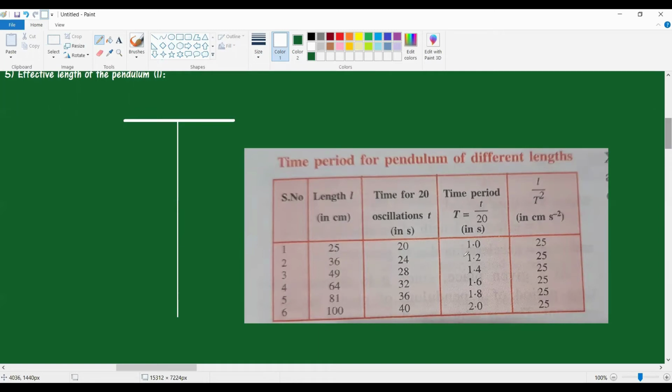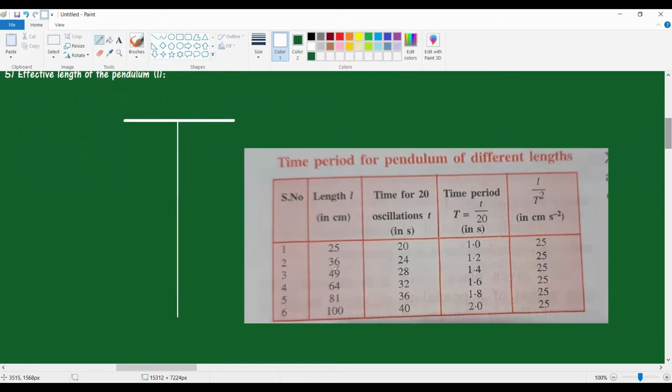And if we divide the length of the pendulum by the square of the time period, it is 25 centimeter per second square. Clear? Similarly, if we increase the length up to 36 centimeters, the time for 20 oscillations was 24 seconds. Each oscillation was done in 1.2 seconds. And if we divide the length by the square of the time period, we again get 25.